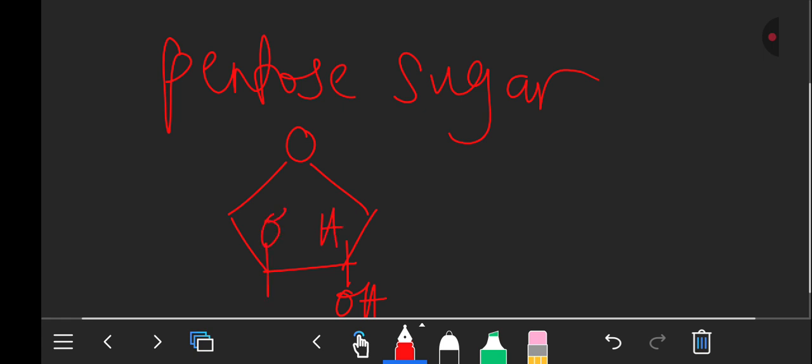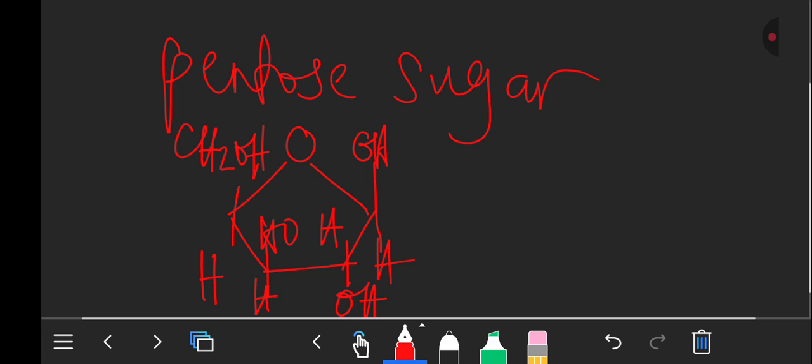We've done carbohydrates, so of course we need to understand how to draw these ring structures. There we'll have CH2OH, H.